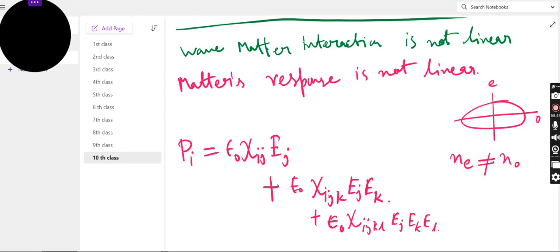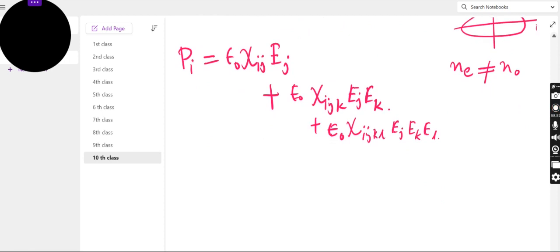So in a Coulomb potential, if you assume a harmonic region, an electron oscillates in that region.